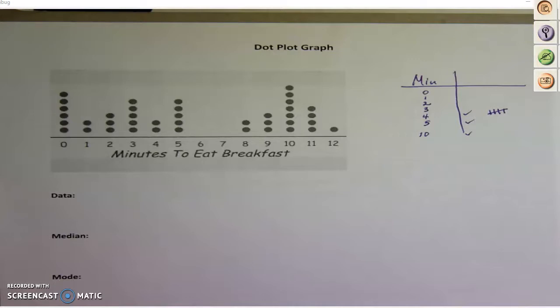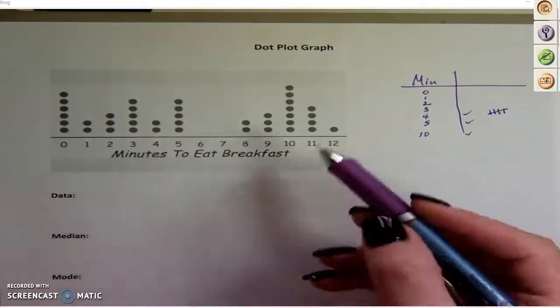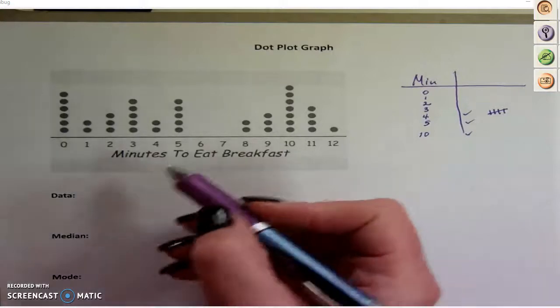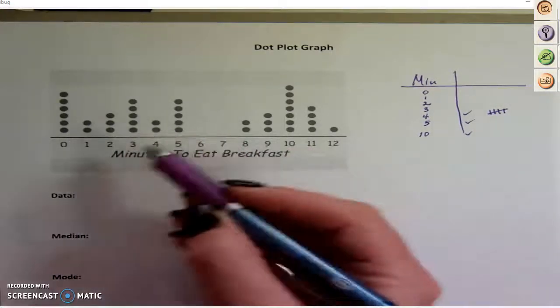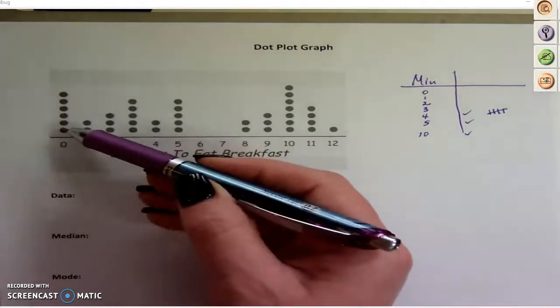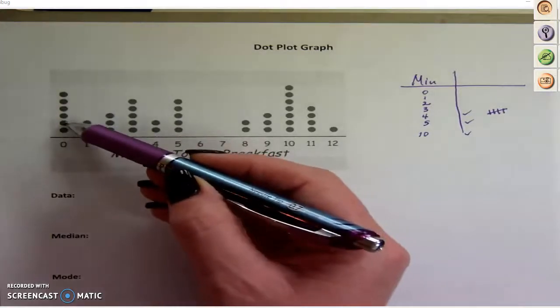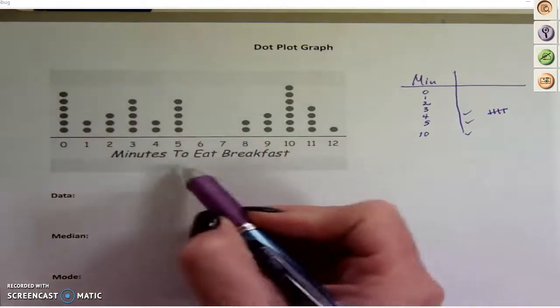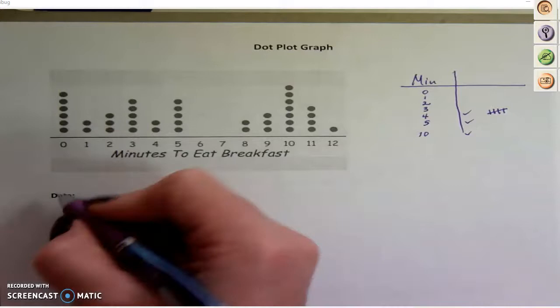How are we able to analyze the data without knowing what is in here? I want to make sure that you're comfortable with understanding these values. For example, this column represents that there were 6 people, 1, 2, 3, 4, 5, 6 of them, that said that they spent 0 minutes eating breakfast.